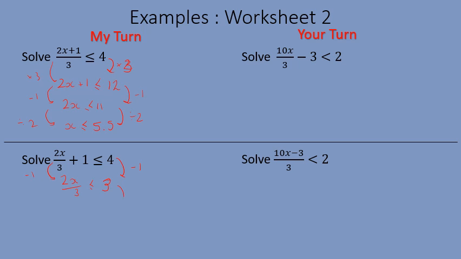Then I need to multiply both sides by 3. 2x is less than or equal to 9, and then divide both sides by 2. X is less than or equal to 9 divided by 2, 4.5. Please pause this video now and have a go at the two questions on the right hand side.